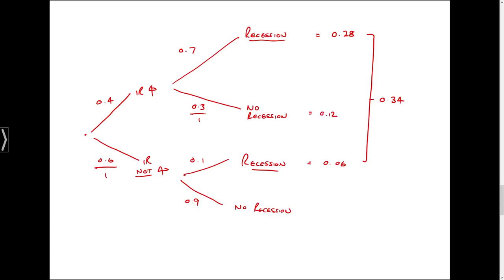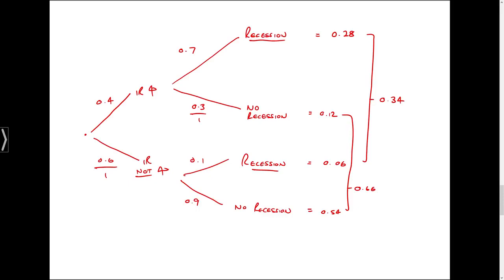So the joint probability of no recession and no interest rate increase is 0.54. Now, of course, if we take these two probabilities, we're getting the unconditional probability of not seeing a recession. Well, if the unconditional probability of witnessing a recession is 34%, then we should see that this comes out at 66%. 0.54 plus 0.12 is indeed 0.66.